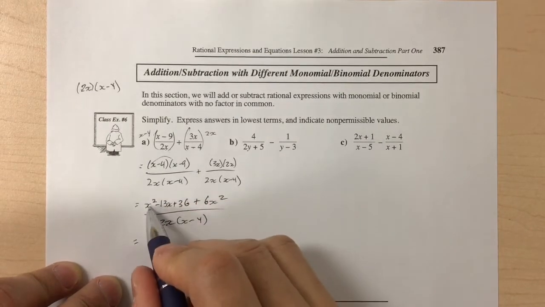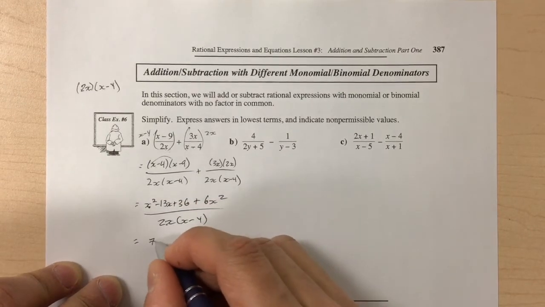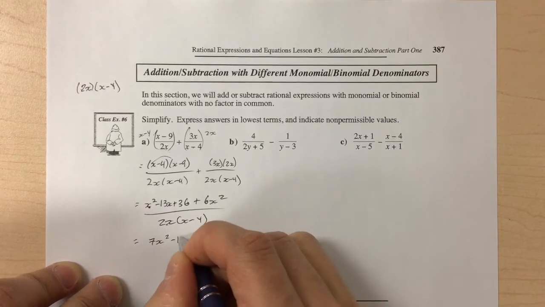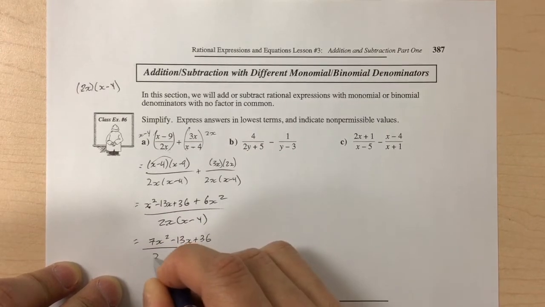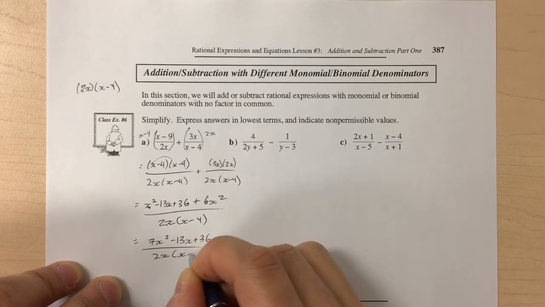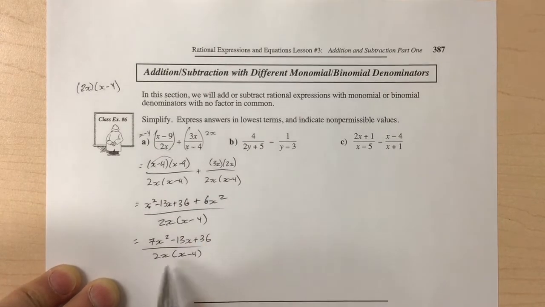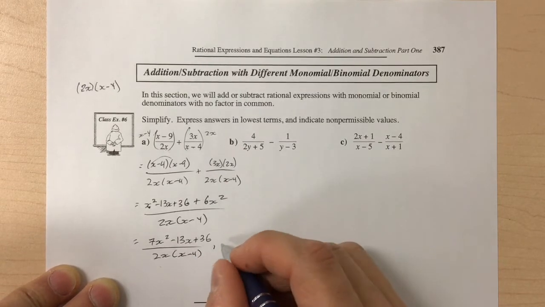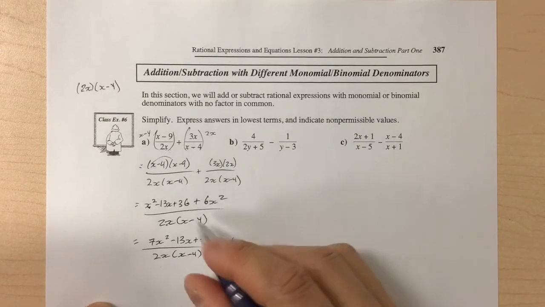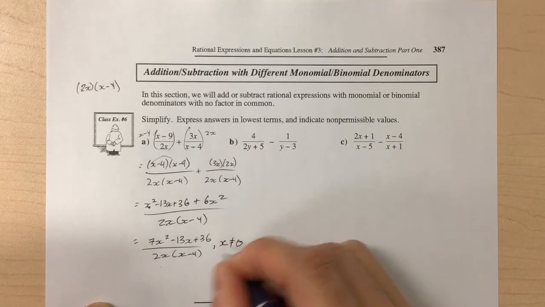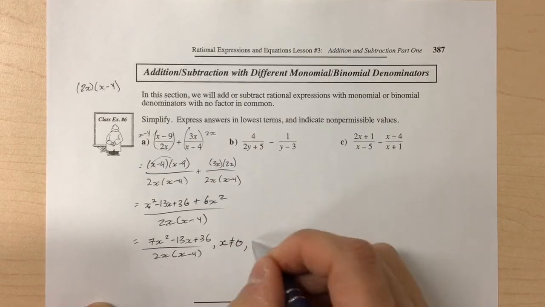And simplifying again, x squared plus 6x gives me 7x squared minus 13x plus 36 all over 2x times x minus 4. And I can't simplify either of these anymore, so I can just state my non-permissible values, where x can't equal 0, or positive 4.